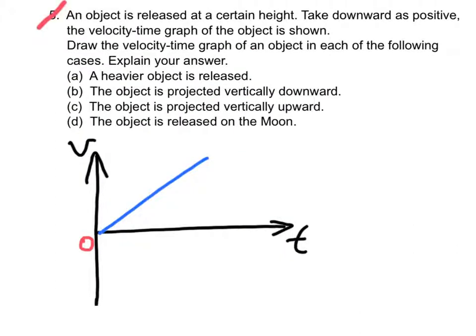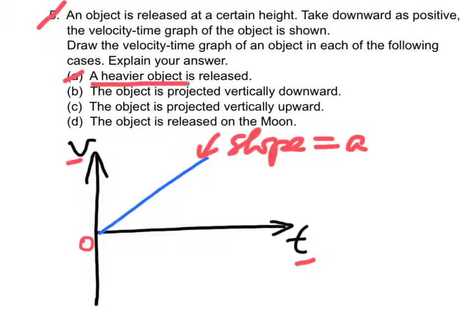Question number 5. For part A, the slope of the VT graph represents the acceleration. Since acceleration due to gravity is independent of the mass of the body, even though a heavier object is released, we have the same VT graph, because a equal to g.